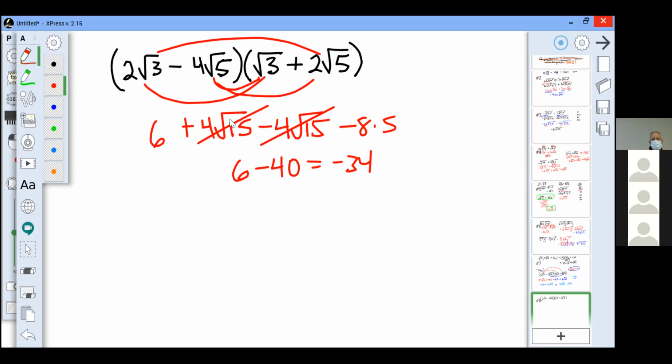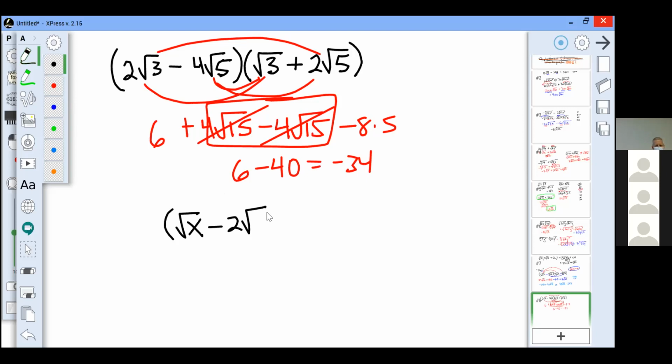Okay, well, kind of sticking with the same theme, because of this outside-inside thing going away, there are 2 problems in this section before we get to the hardcore radical rational exponent thing that look like this. One of them is a difference of squares pattern. So you just have to see the forest for the trees.